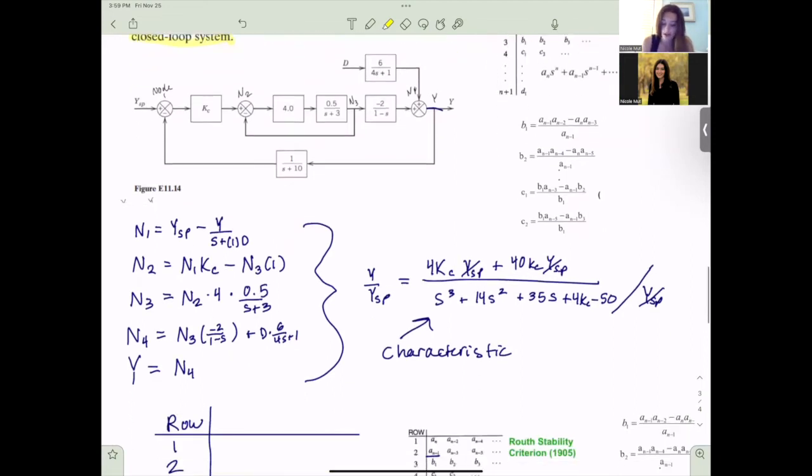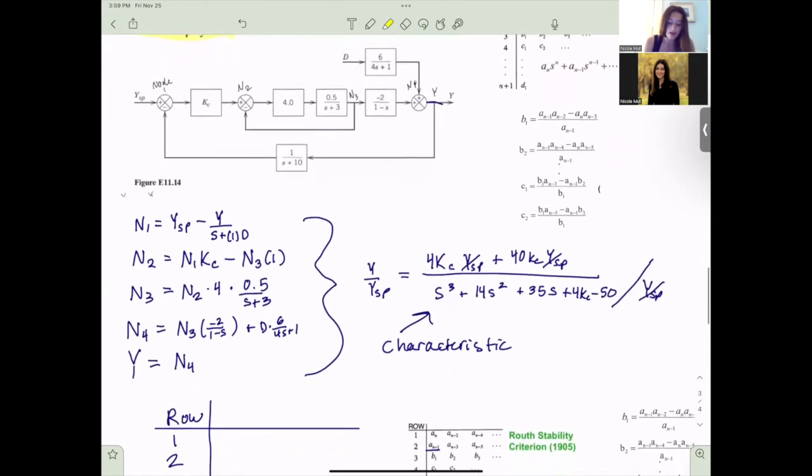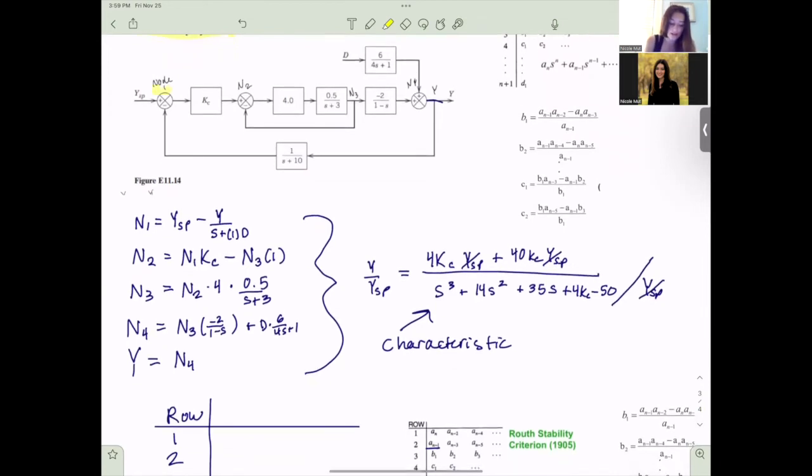I've already gone ahead and found the characteristic equation by identifying these nodes here, finding expressions for these nodes, and solving a system of equations to find this transfer function. And as we know, the denominator of the transfer function is the characteristic equation. So that's what we're going to be analyzing to determine the behavior.